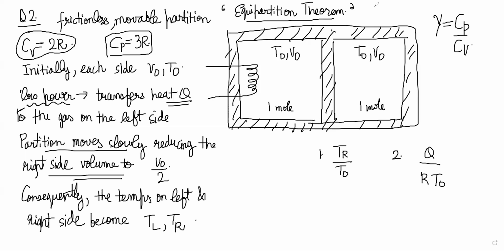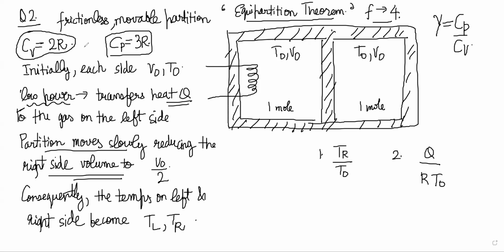For 1 mole of a gas, it is R by 2 per degree of freedom. The number of degrees of freedom decides how many R by 2s there are. So here the degrees of freedom are 4 because it is 2R CV, right?